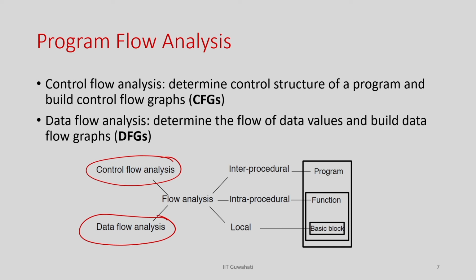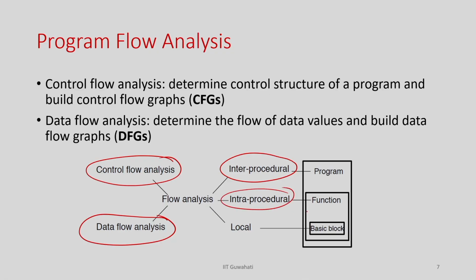This is interprocedural if there are multiple functions, so you have to do it for the hierarchy of functions, and within a function you have local dependencies, which is called a basic block, as we have already understood. So all this analysis is involved in the pre-processing step.